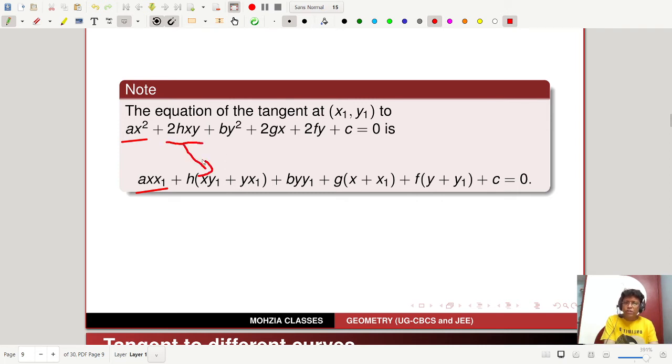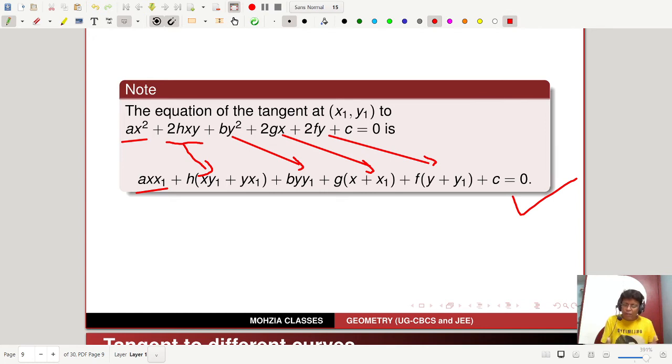So 2h xy becomes h, and the product term can be written as x y1 plus y x1. The square term becomes y into y1. 2gx will be halved, g into x plus x1. 2fy will be halved, f into y plus y1, and the constant remains as constant. So this is the equation of the tangent at x1, y1.